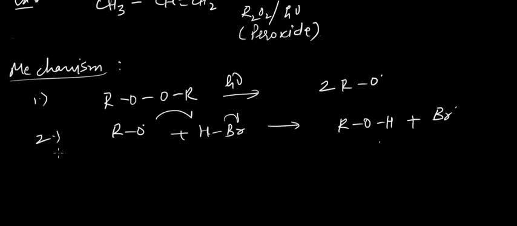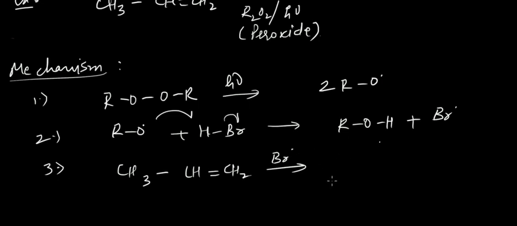So now what happens is this Br free radical, when it comes in contact with the alkene, it can have two intermediates.